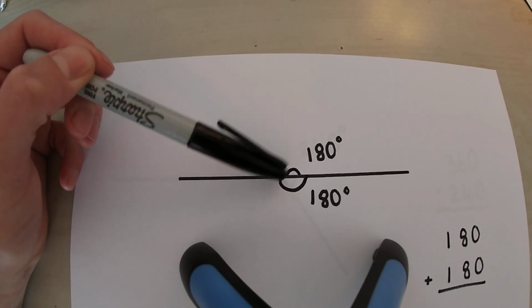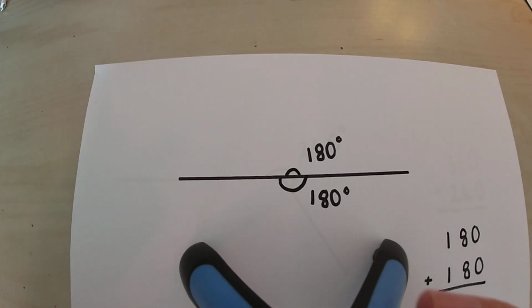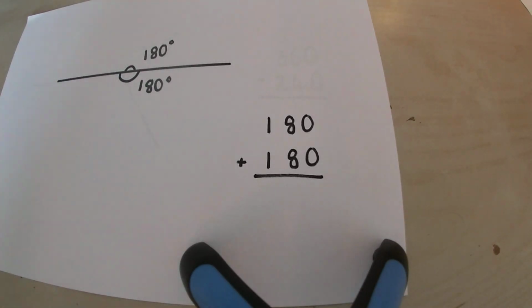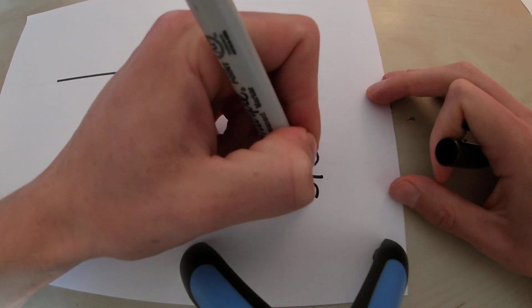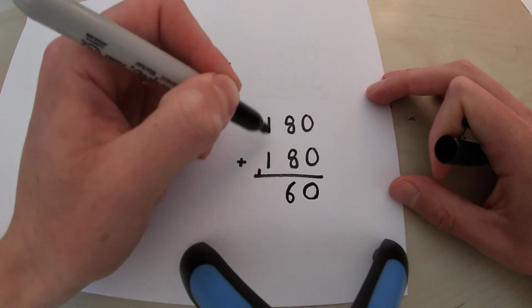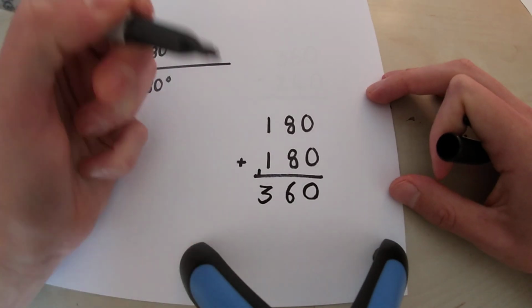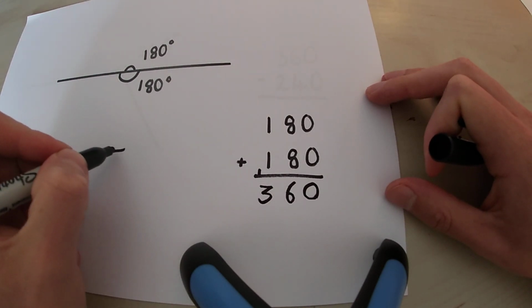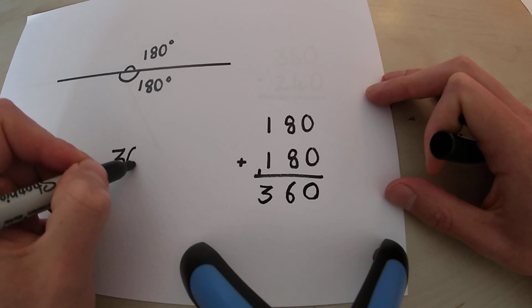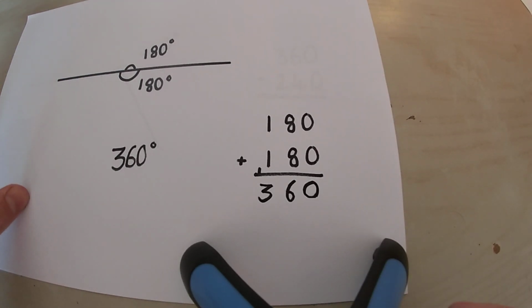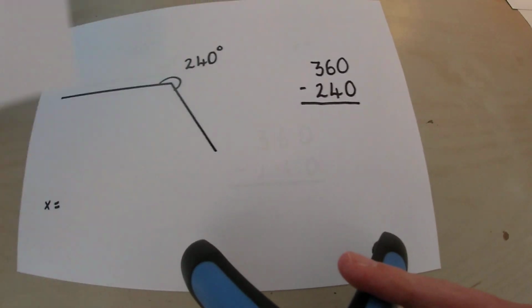So we have our 180 here, 180 here, and we know that 180 plus 180 is 360. So angles around a point always add up to 360 degrees. Okay, so let's have a look at what I mean.